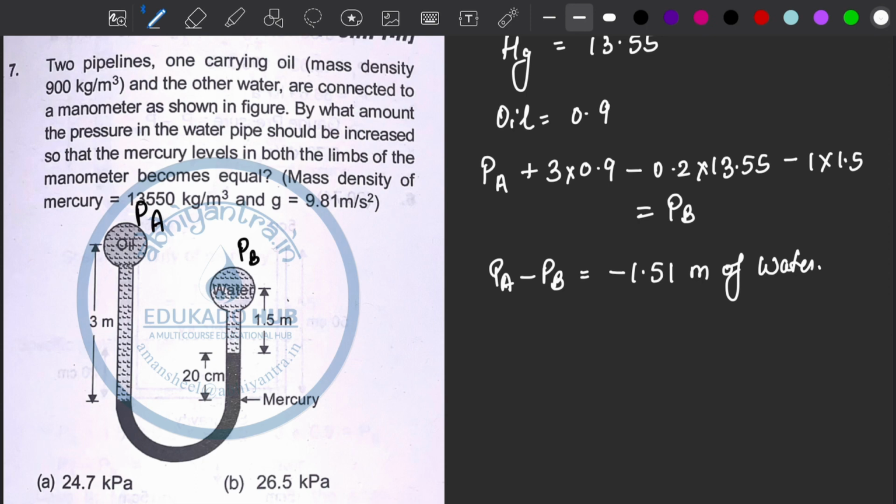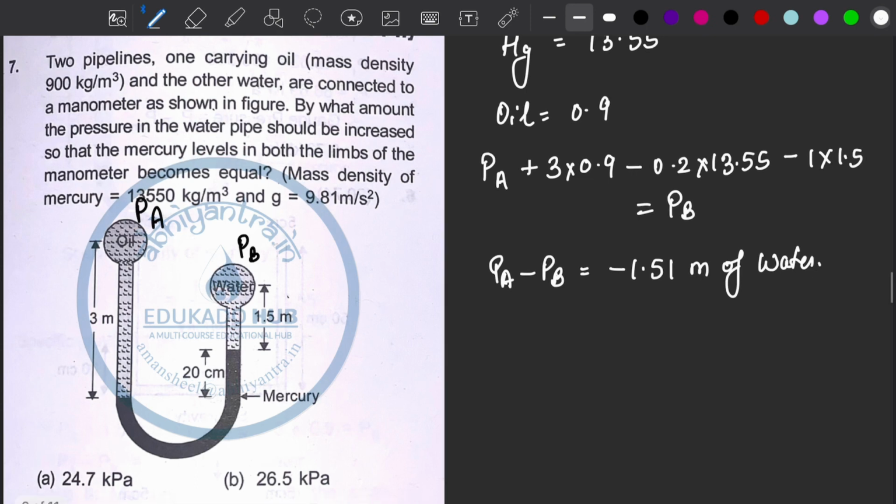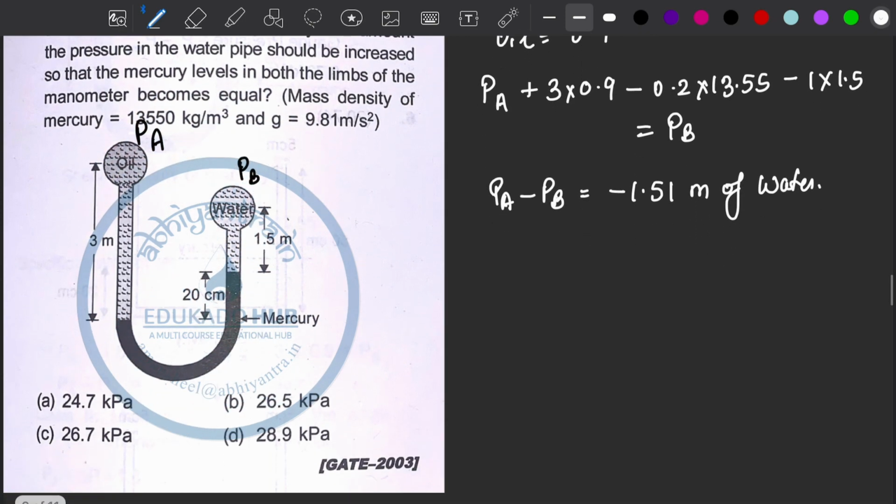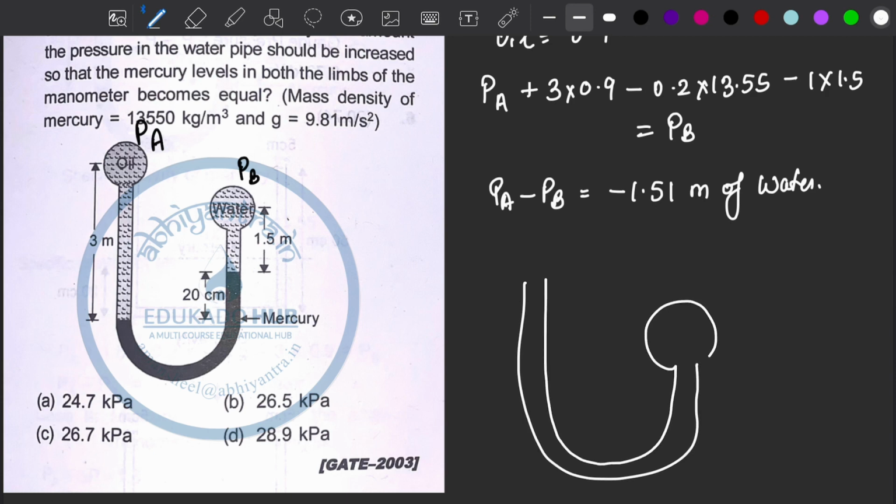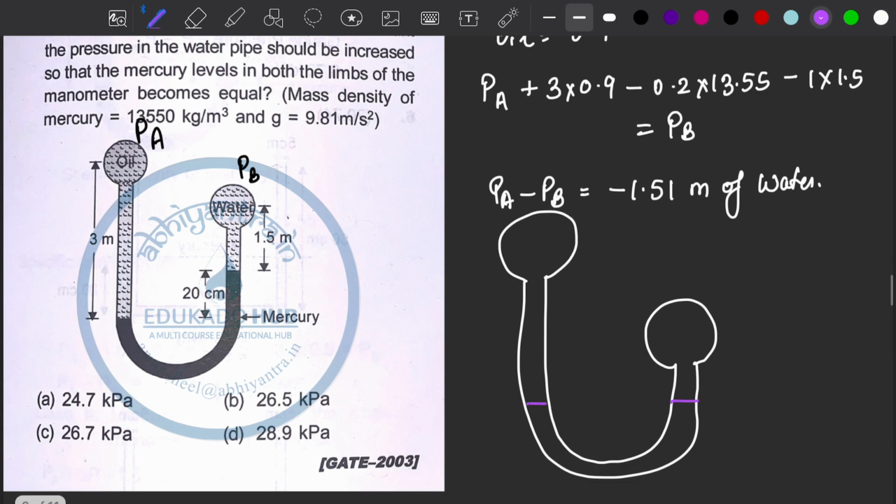Now in second case, they are saying that the mercury level in both the limbs of the manometer becomes equal. Let's say this is the mercury.